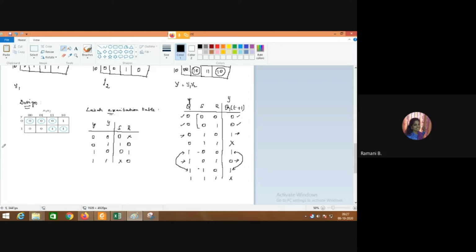Now to design this, we fill a map where both S and R values are filled simultaneously. The map will be similar to what we have above: 0, 0, 0, 1, 1, 1 and 1, 0.